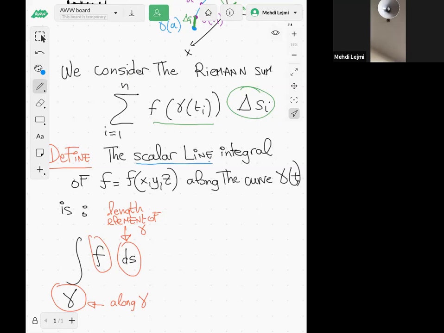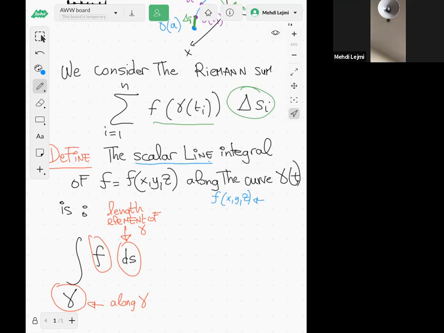It's a scalar because this function f is a function of the variables, but the result is just one number, right?